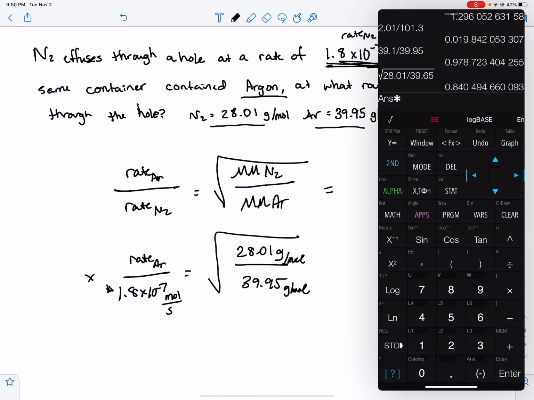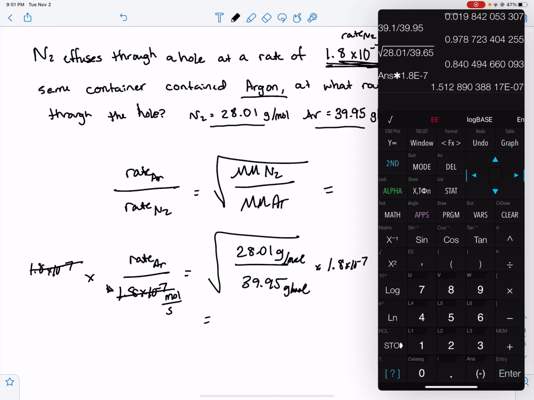So I'm going to multiply both sides by 1.8 times 10 to the minus 7th, and this number will cancel with this number. So 1.8 e to the minus 7th gives 1.51 times 10 to the minus 7th. And the unit here is going to be the unit that you had before, moles per second.